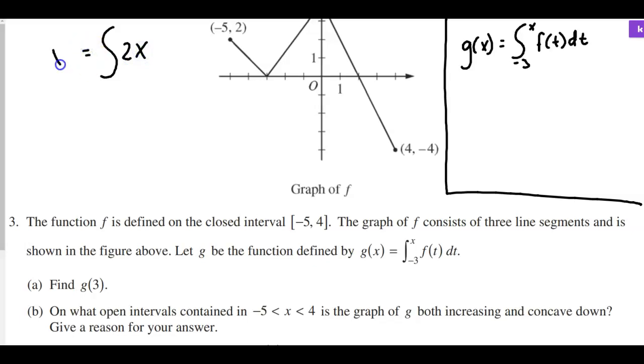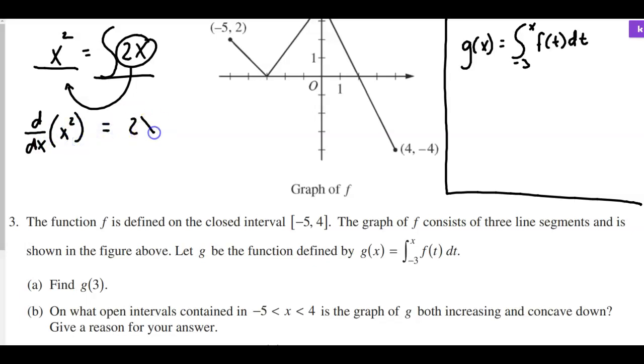Well, it's x squared, right? So in other words, if x squared is the integral of 2x, then that means that 2x is the derivative of that. Okay? So in other words, the derivative of x squared is just whatever's on the inside of the integral.